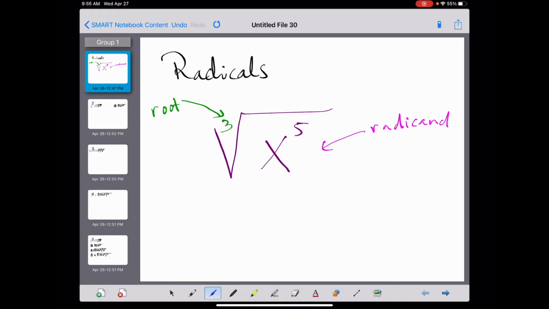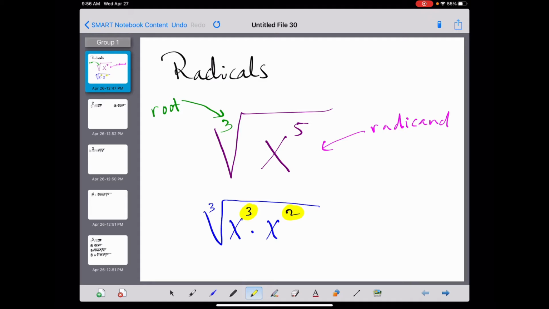If I want to simplify the root of x to the fifth, that's how you would say it. First, we're going to break the x to the fifth down in terms of third roots like this. See that? So remember the exponents product property, 3 plus 2 is 5. That's how I break it down.